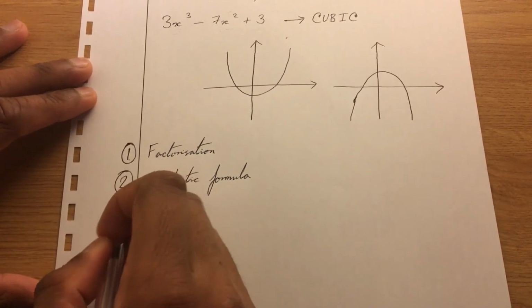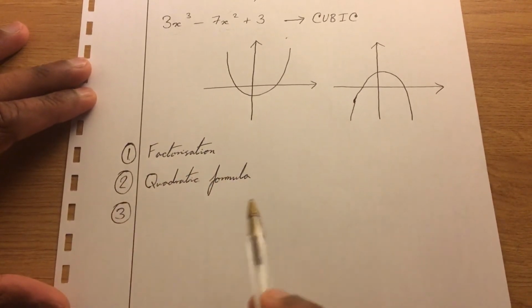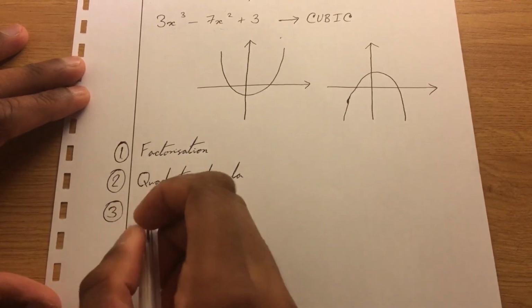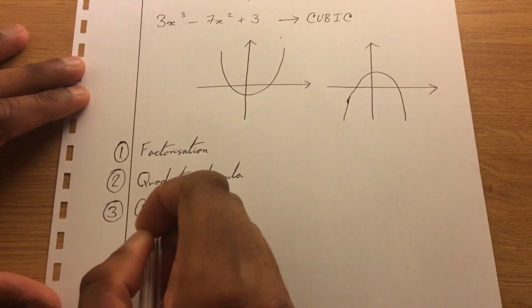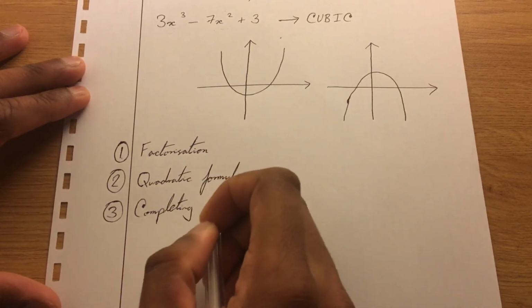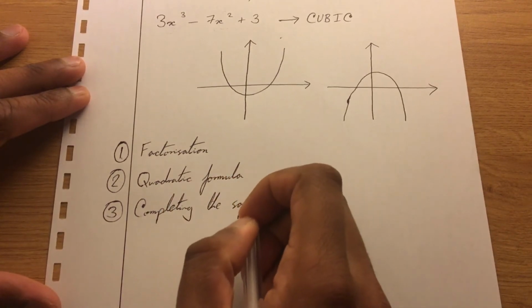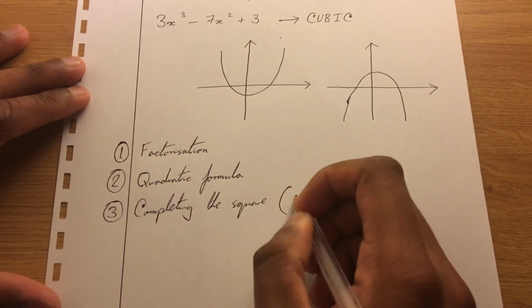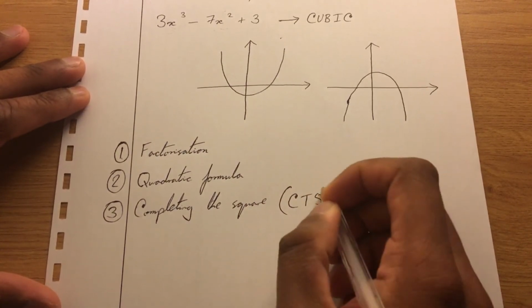And then we've also got the third and final technique that a lot of students will forget, which is you can also complete the square, which is often abbreviated to CTS.